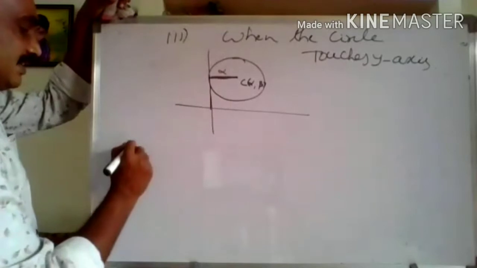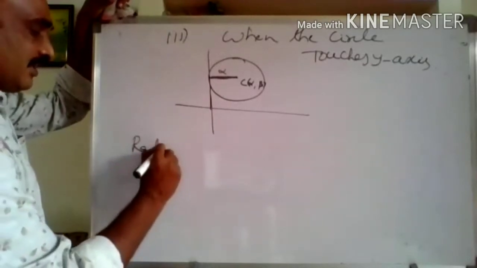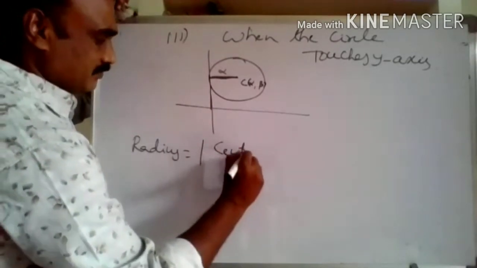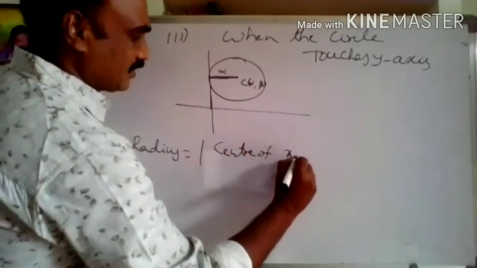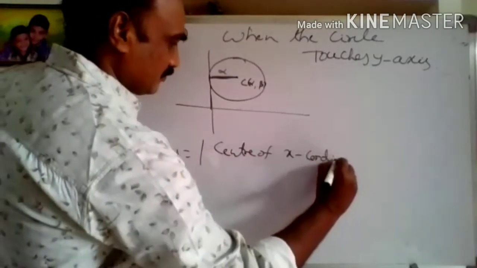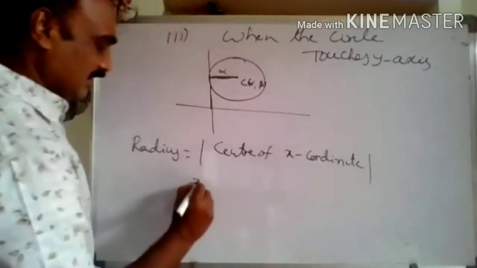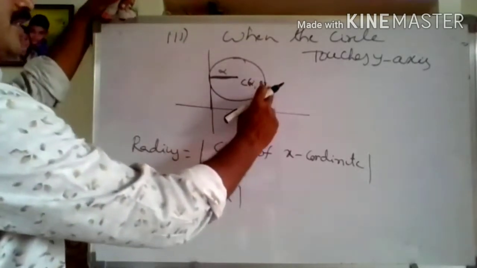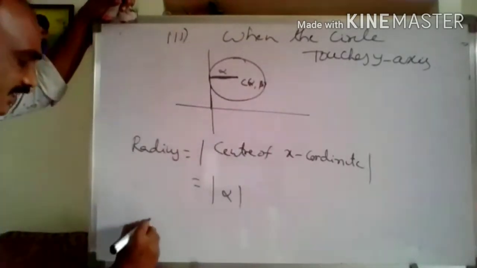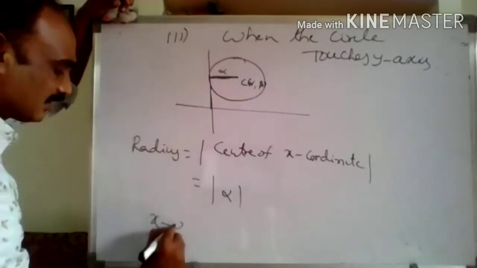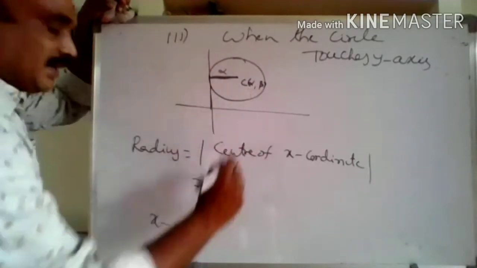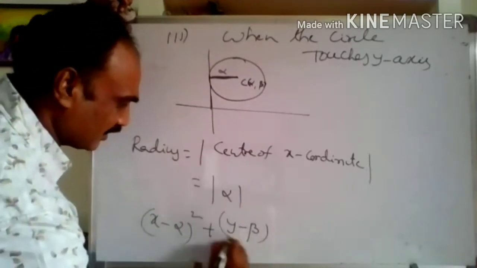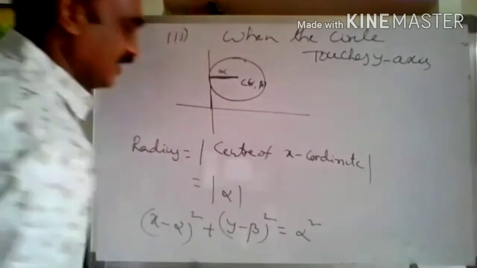So when it touches the y-axis, the radius is equal to the center's x coordinate, alpha. Center (alpha, beta), radius alpha. The circle equation is (x minus h) whole square, here h is alpha, k is beta: (x minus alpha) whole square plus (y minus beta) whole square is equal to alpha square.